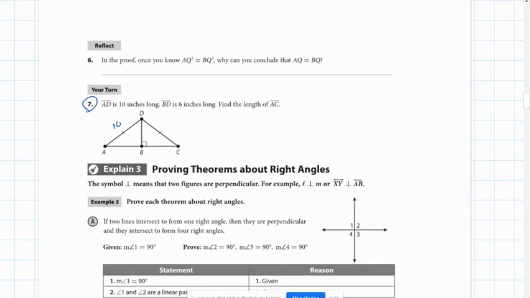So if AD is 10, then DC is 10 as well, and BD is 6 inches.